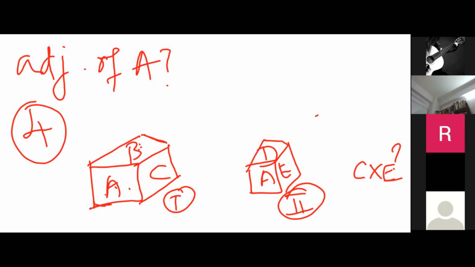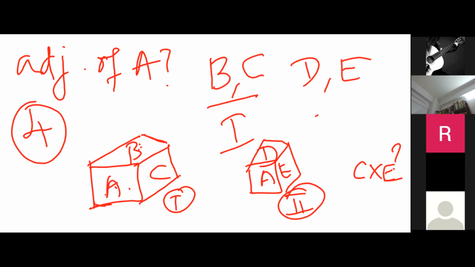Here you are given 2 dice. For the letter A, they are asking the adjacent sides. This is my letter A, and this is also my letter A. So around A, what are the other sides I have? B and C in dice number 1, D and E in dice number 2. Just a mere application.